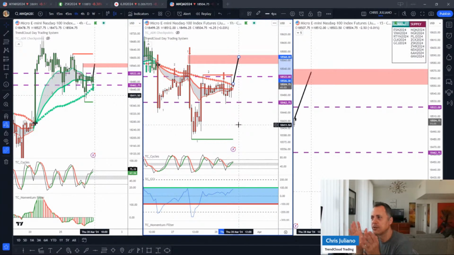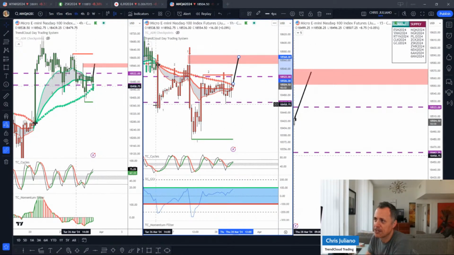So when you pull into a supply zone against the trend and against momentum, do we really want to be a part of that? I don't care what that looks like.